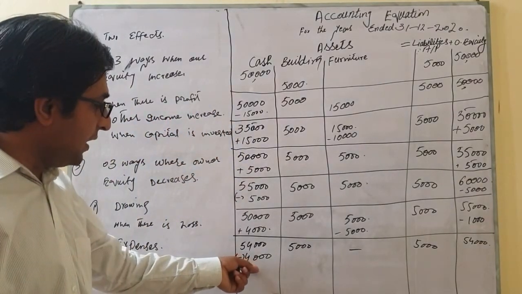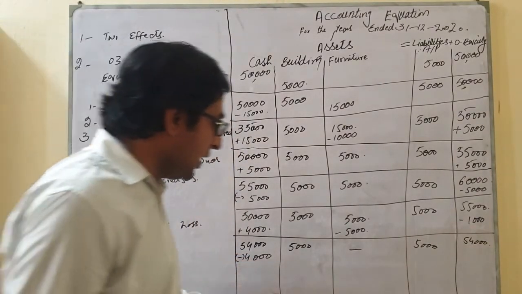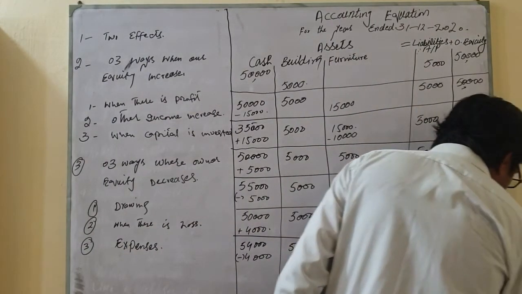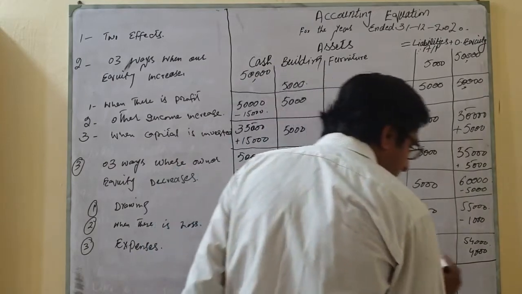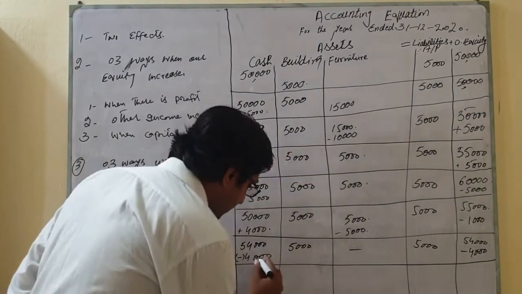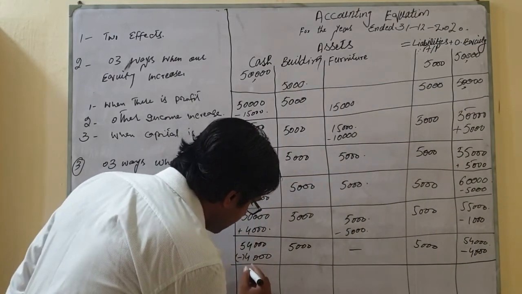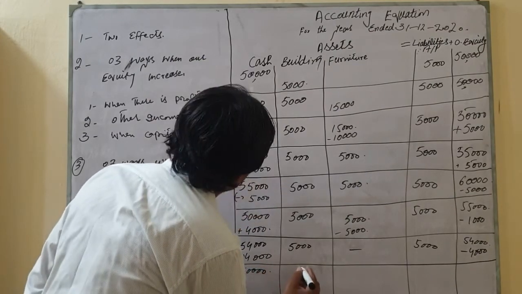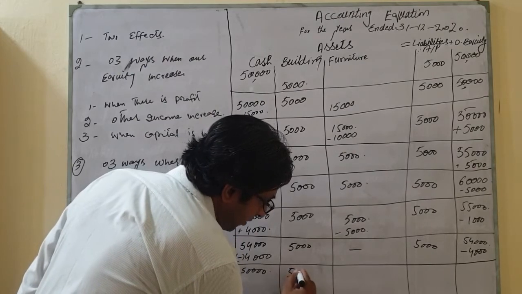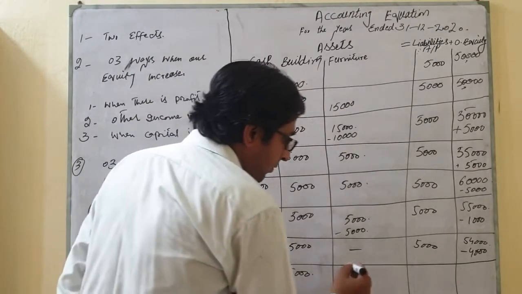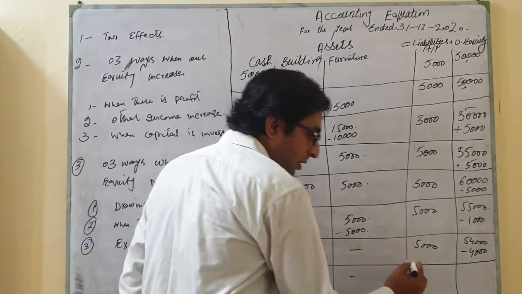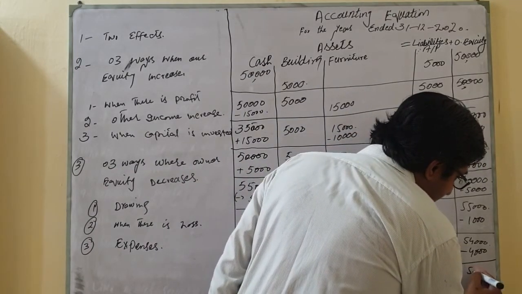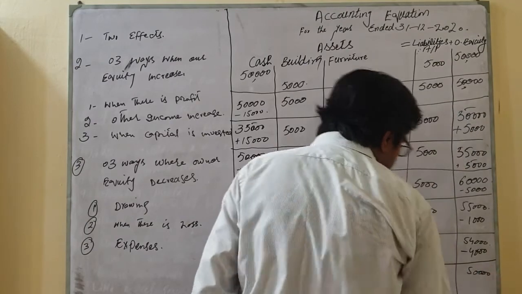So our cash will decrease $4,000 and our equity will also decrease $4,000. In this situation, we see what is our balance. Cash is $50,000, building is $5,000, while there is no furniture, liability is $5,000 and capital is $50,000.